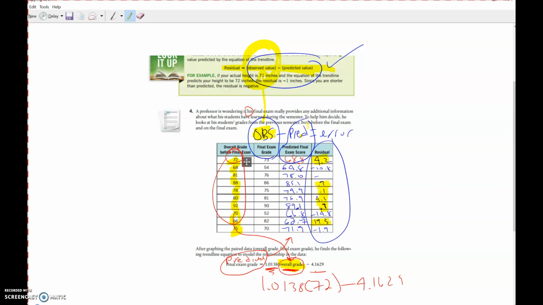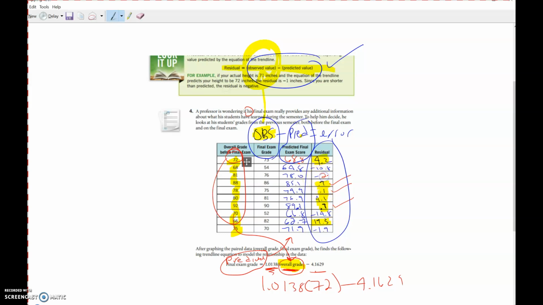All right, and then E, how do you think the model, given the equation and the trend line, predicts it? So should the professor still give the exam? Well, we would want residuals of 0, or pretty close. So like this isn't bad, that's not bad, that's not too bad. We're hovering around 1.